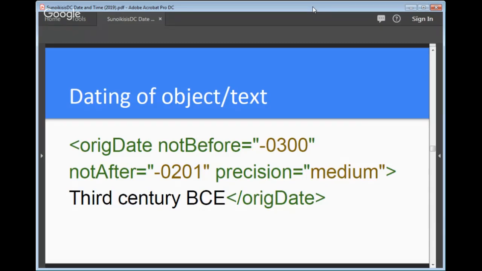Because if I say 3rd century BCE, I almost certainly don't mean, and if I say that is the date of an inscription, I absolutely certainly don't mean that it could be on the 1st of January 300 BCE, but it could not be on the 31st of December 301 BCE, right? I mean, that's not a firm date. So instead, I say precision equals medium, which means these dates are essentially arbitrary rather than actually a terminus post and a terminus ante quem.